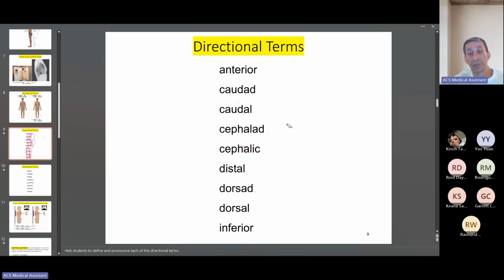Because remember, in order to have a medical term, we need at least two parts, and one of those parts has to be the word root, because it's the main foundation of the medical term. The suffix is, once again, a condition. And here we have a direction. Pertaining to is the direction. It pertains to the front, so it's giving me more details about the anterior part, the front part.